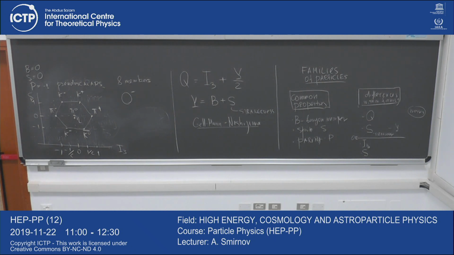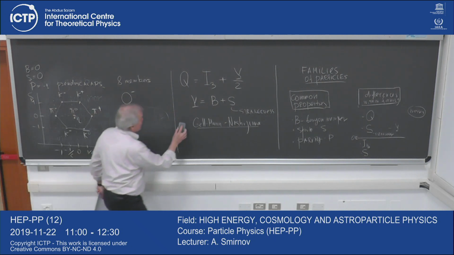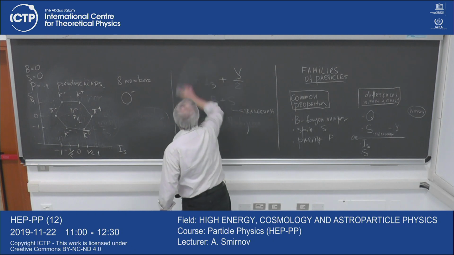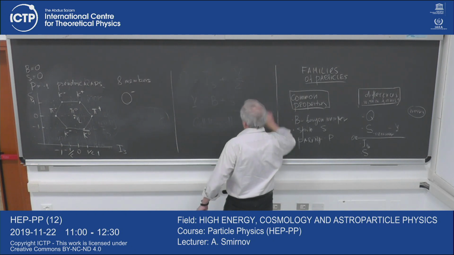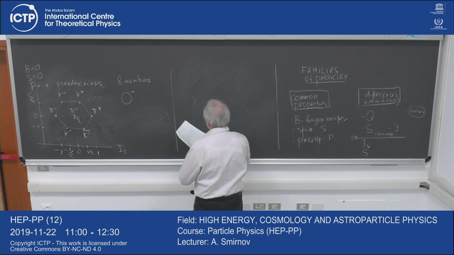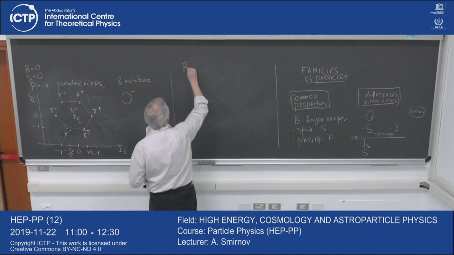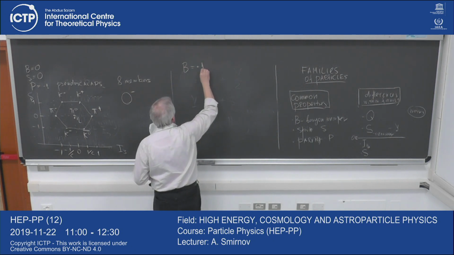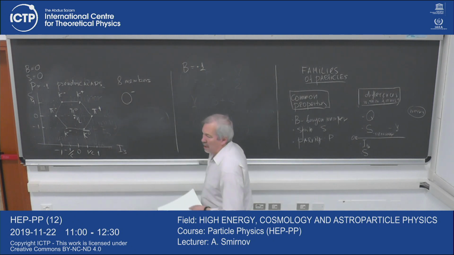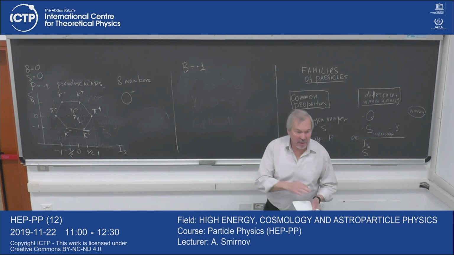So let me give you another example for baryons. So now we deal with a family which has baryon number +1. And there is another family with baryon number -1.